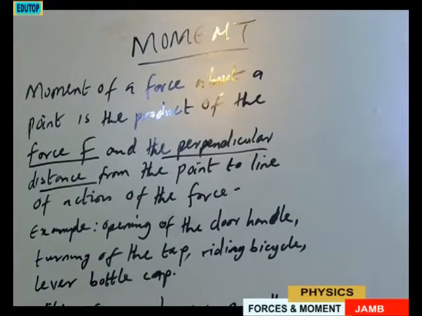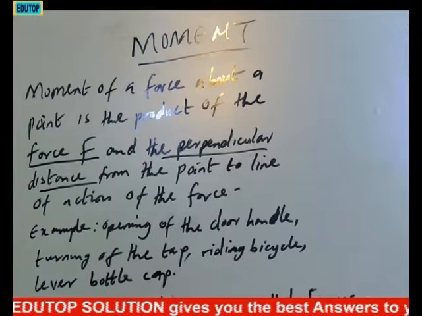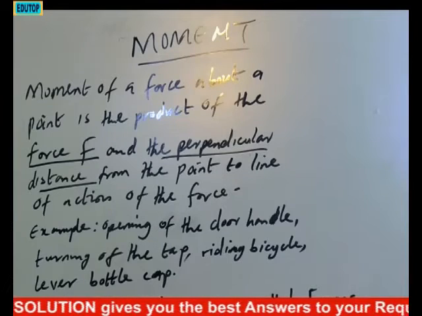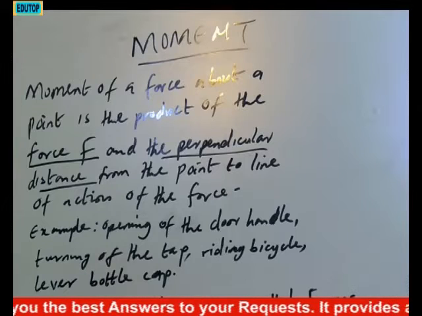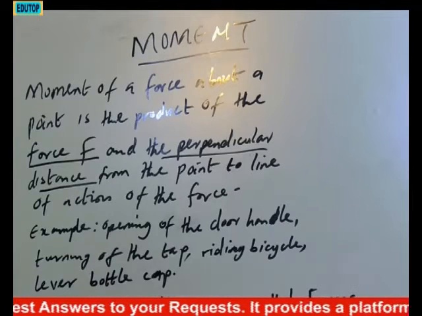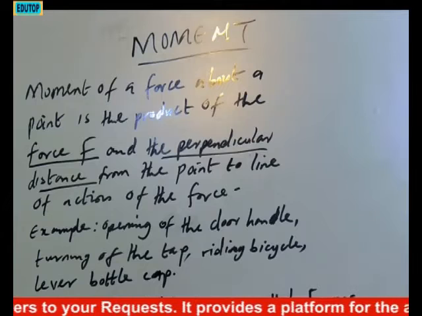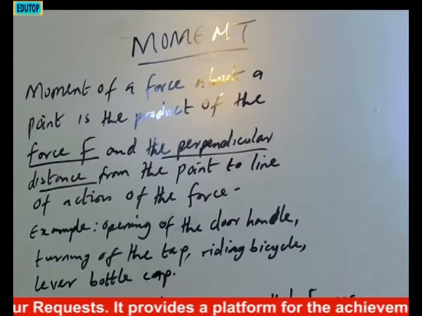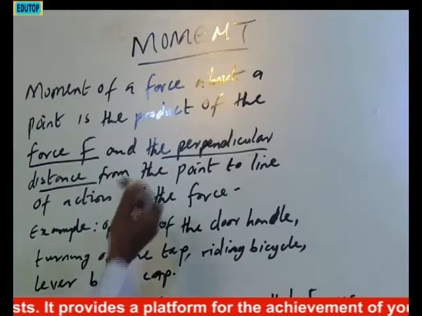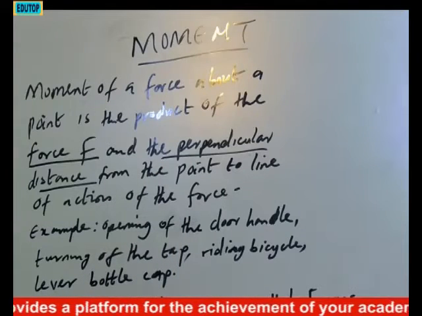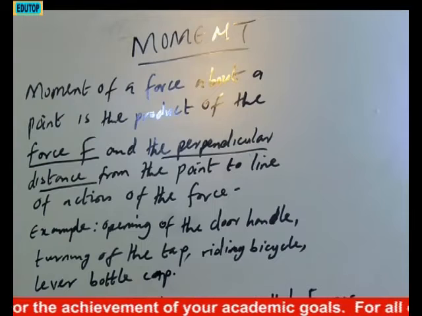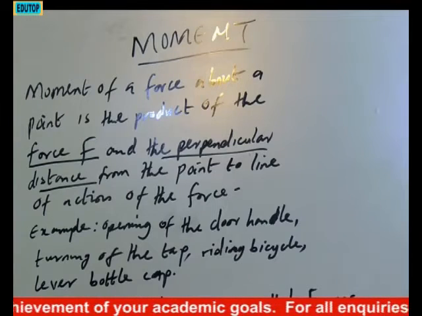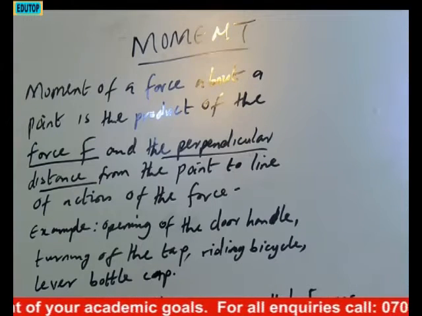If you take note of this definition of moment, it has the same unit as that of work. When we define work, we say work is the product of force and distance. But in this case, it's perpendicular distance. And that is telling us that moment is a vector quantity, while work is a scalar quantity.